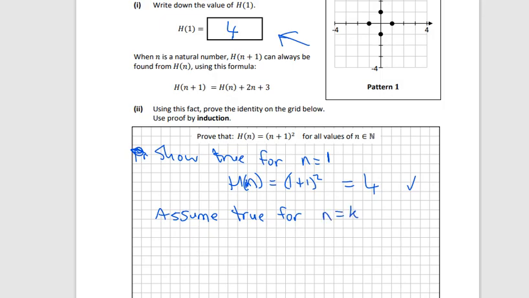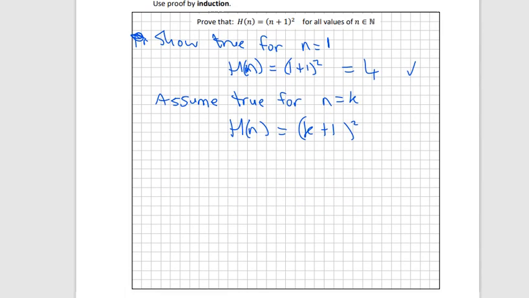So h of n is equal to (k plus 1) squared. We're going to assume that that's true, and then we're going to show it true for n equals k plus 1.